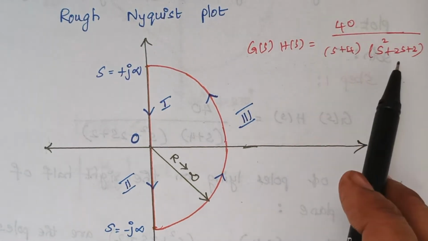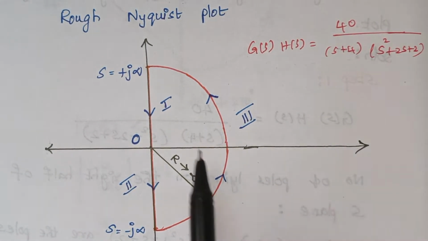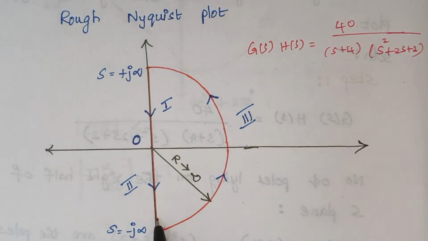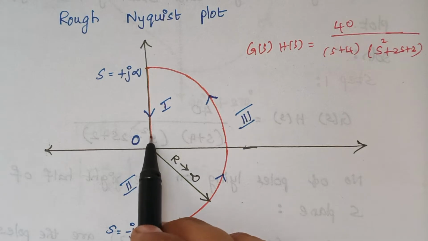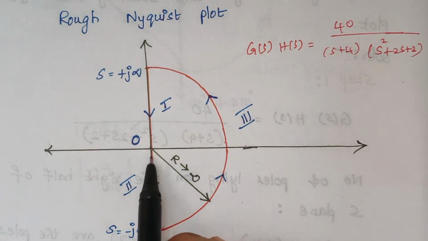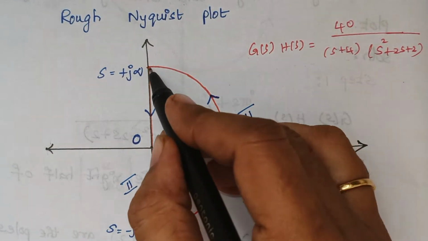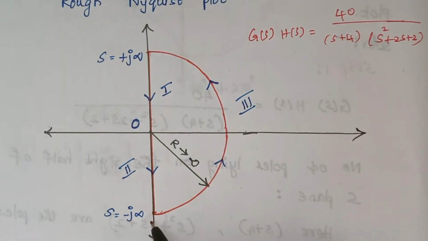You see, this is our problem. So in the previous problems there was a small bulge here, but here since there are no poles lying at the origin, it is directly covered like this.